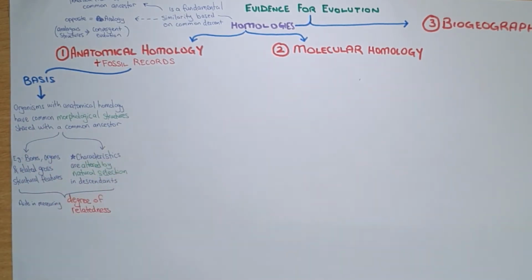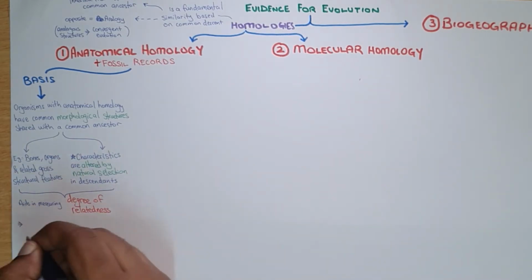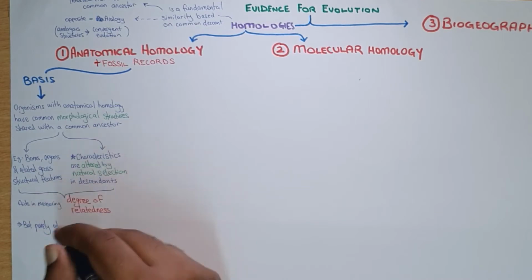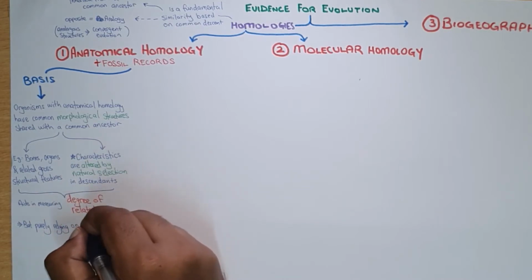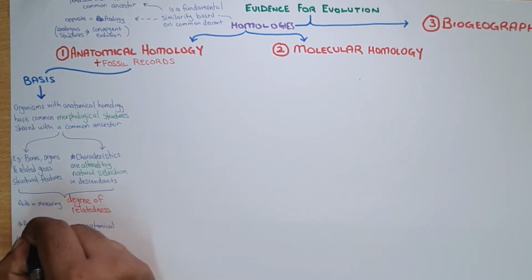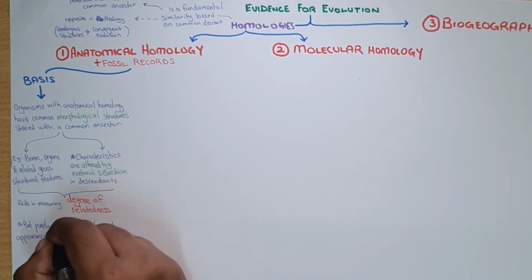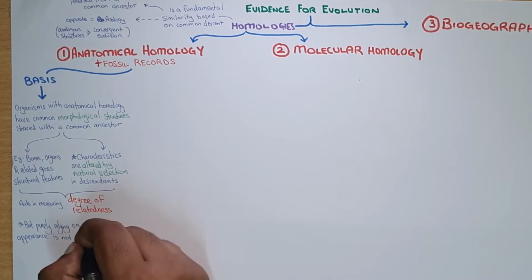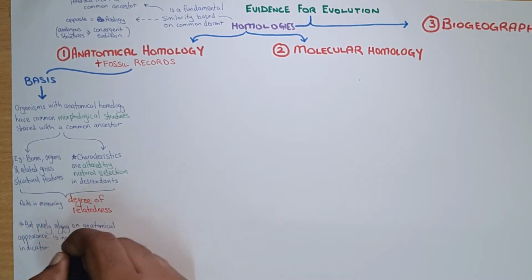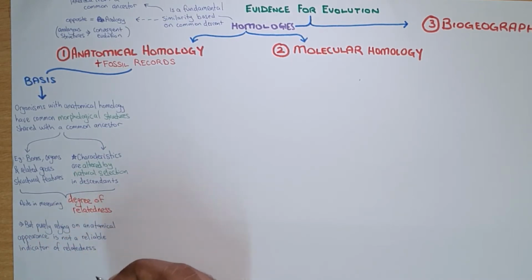By using anatomical homology, you can estimate the degree of relatedness. But remember what we talked about earlier, it is not without problems. If you purely rely on anatomical appearance, it is not a very reliable indicator of relatedness. It might show you some connections, but it will not be a very reliable indicator.